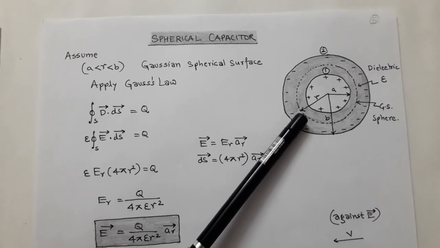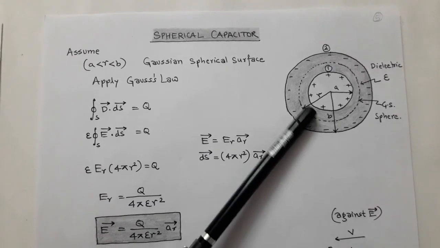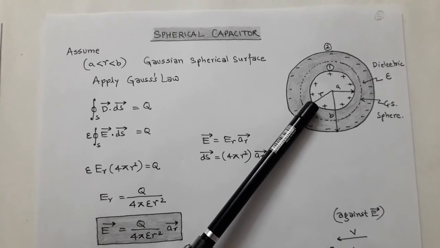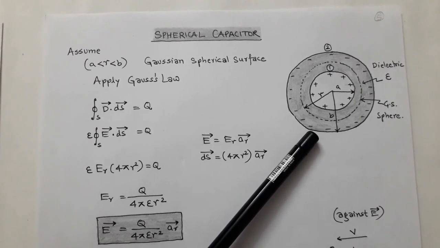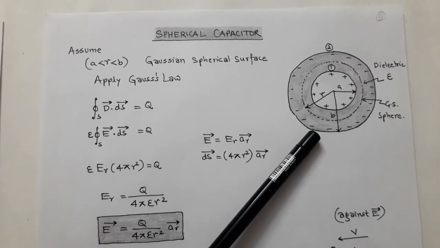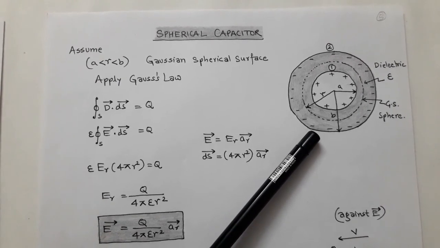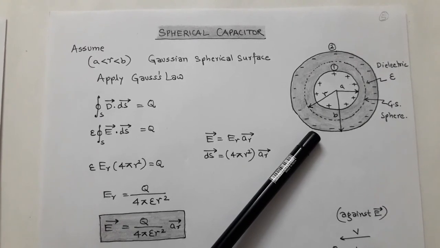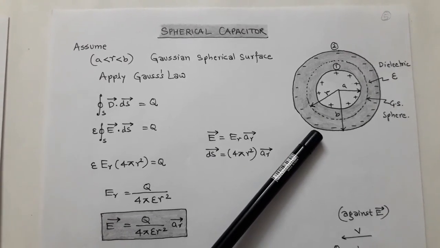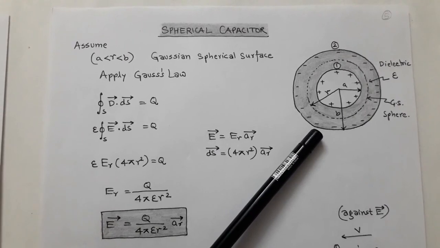The inner sphere has a positive charge on its surface, while the outer sphere has a negative charge on its surface. This happens when the inner sphere is connected to the positive terminal of the battery and the outer sphere is connected to the negative terminal of the battery.